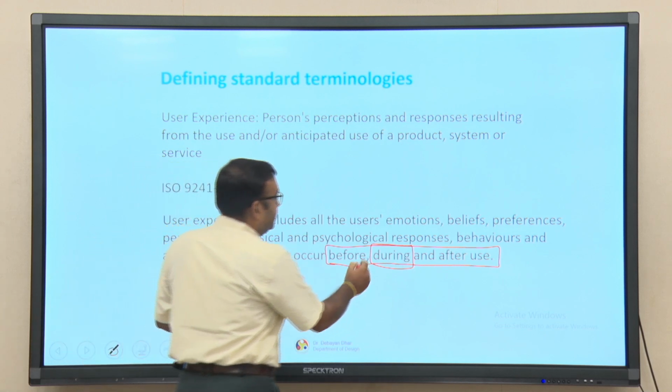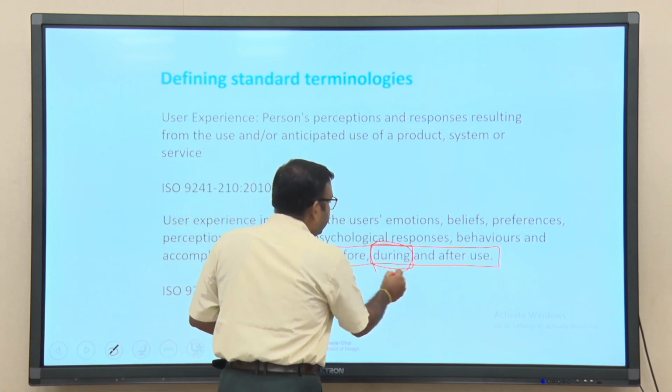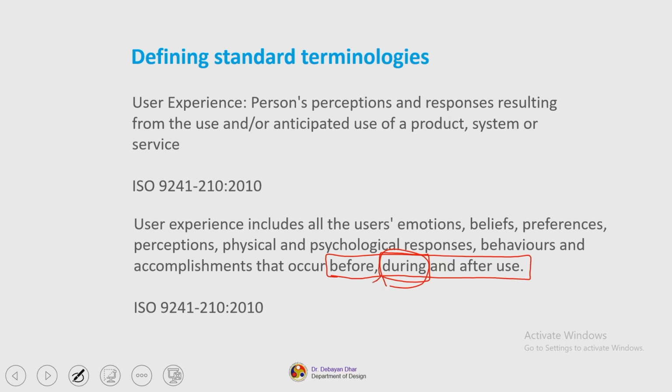It not only considers while your user is using it, it also gets associated before he starts using and after his usage. Because of all these things, he gets into the mood of the product. And these are the aspects that define what we call UX.